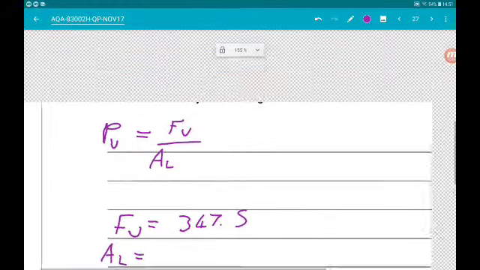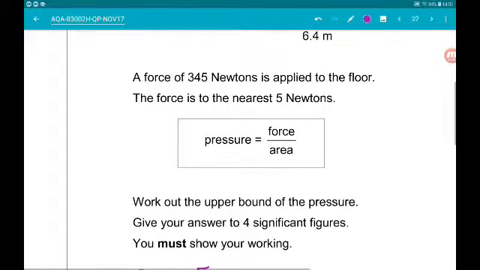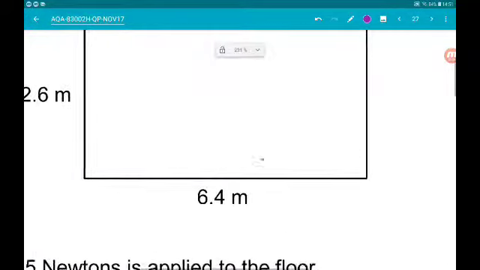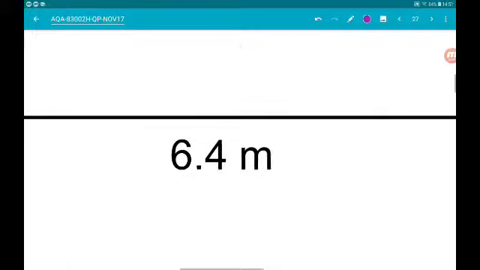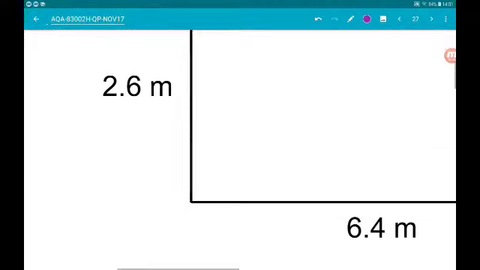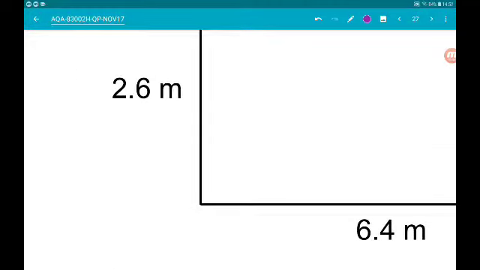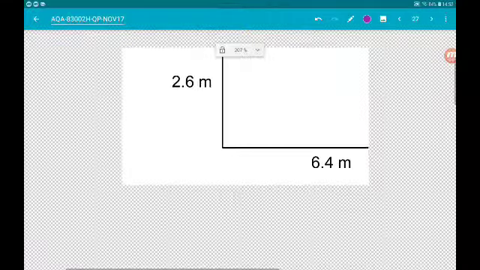So we want the smallest possible lengths of the rectangle. So the smallest possible number that would round to 6.4 to the nearest 0.1 would be 6.35, and for the height we would have 2.55.